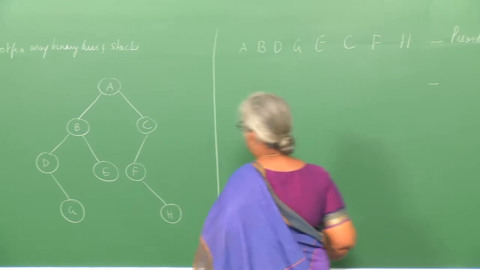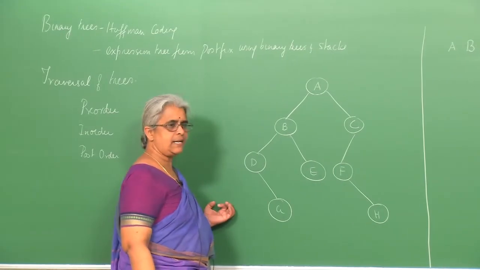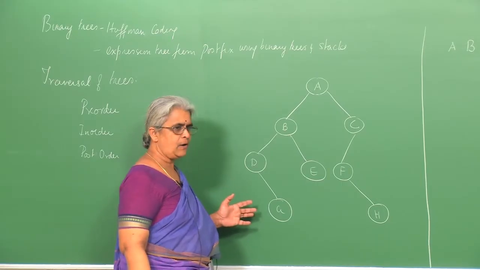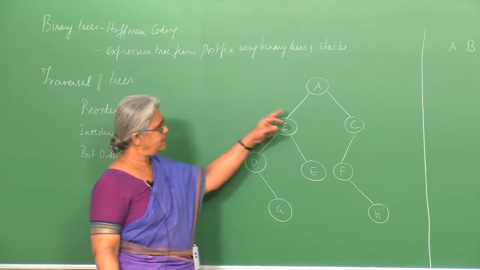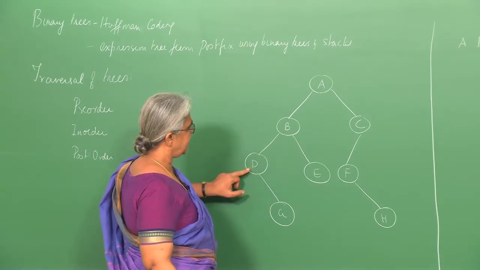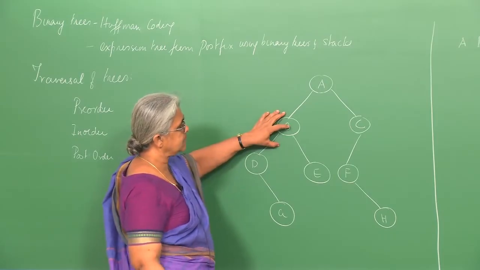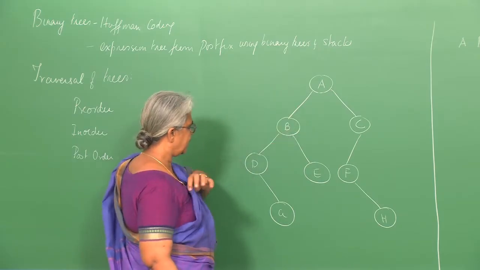Now, let us look at in order traversal. What is in order traversal? Visit the left child recursively, then the root, and then the right child recursively. Okay. So, what happens now? I go down A, I go down to B, visit its left child, left child, left child, because the first node to be displayed will be the left child, then the root, and then the right subtree.